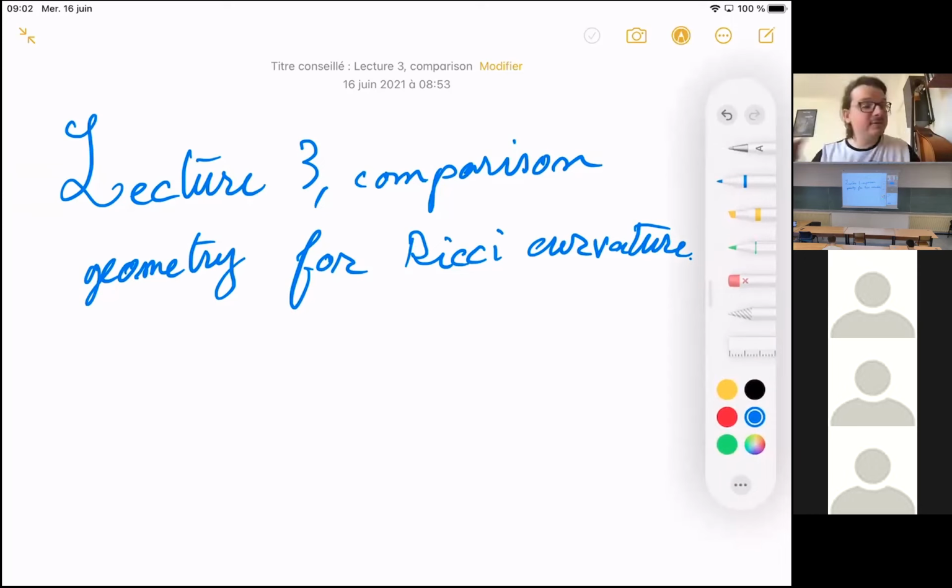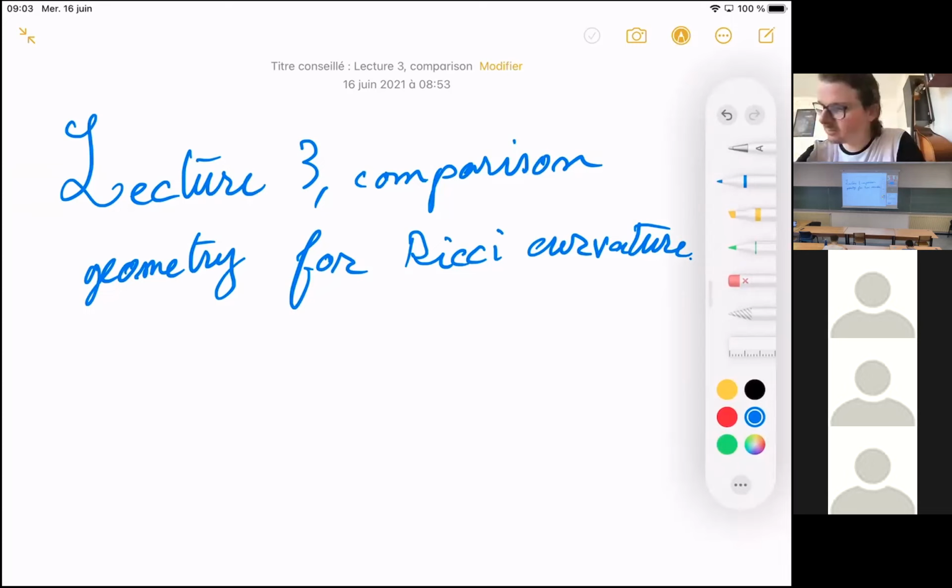Today we will be focused on comparison geometry again. Last time we explained how to do comparison geometry when you have an upper sectional curvature bound, so when you have non-positive sectional curvature, that's the case where we did the proofs. Here we will see what's going on when you have a lower curvature bound, but not on the sectional curvature.